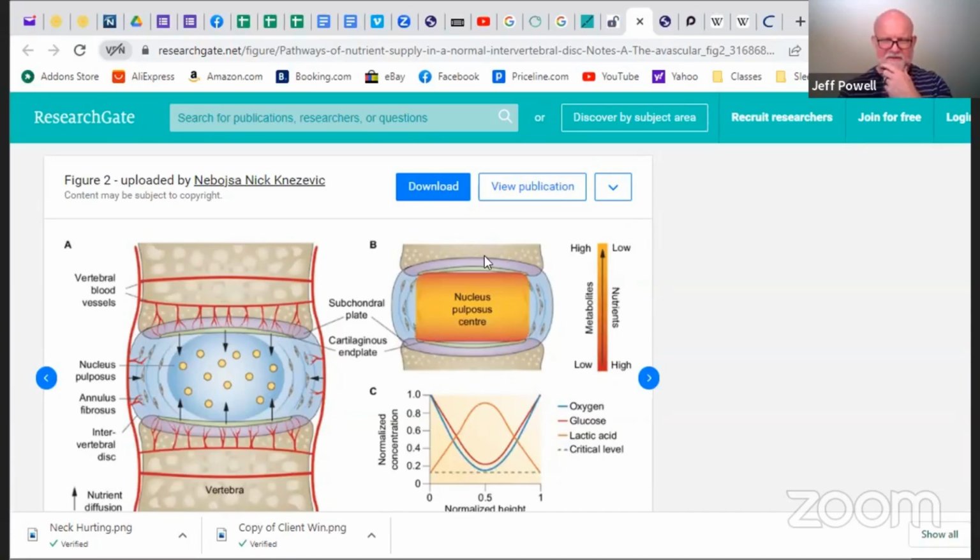It talks about metabolites and density, and it gives you an idea that this nucleus relies on the blood supply at the end plates. It also relies on some of the blood supply that the annulus itself gets.